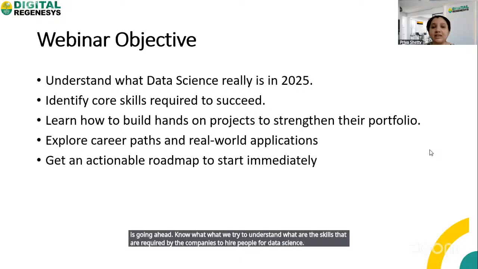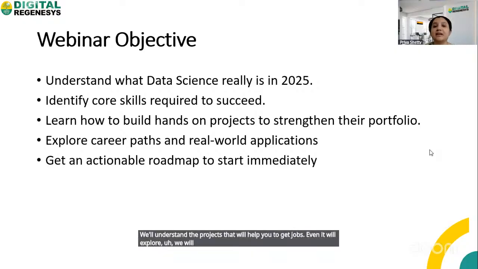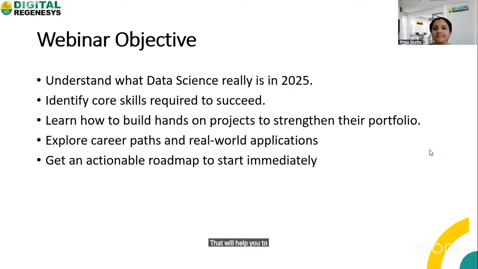We'll understand the projects that will help you get jobs. We will explore different career paths. We will understand real world applications, and we will also give you guidance on the roadmap that will help you achieve your target.